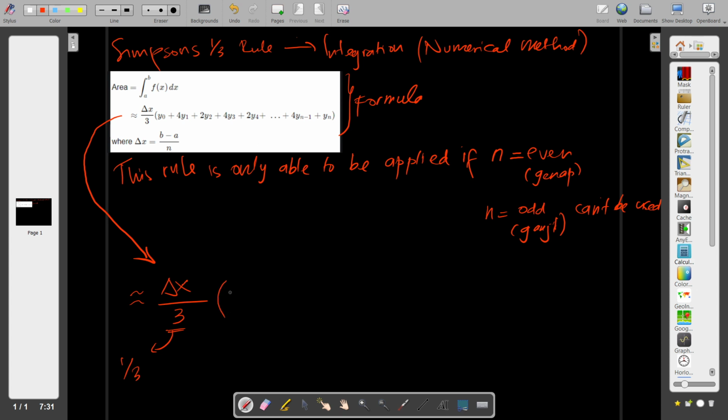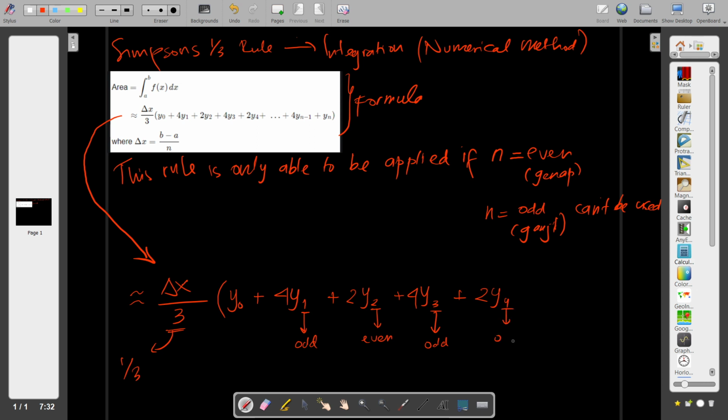And then the value of y0, plus 4y1, this is odd, plus 2y2, this is even or genap, plus 4 again, y3, because this is odd. And after odd, this is multiplied by 2, y4.